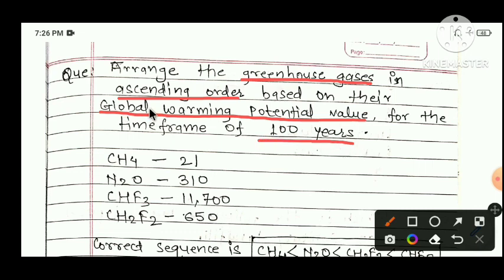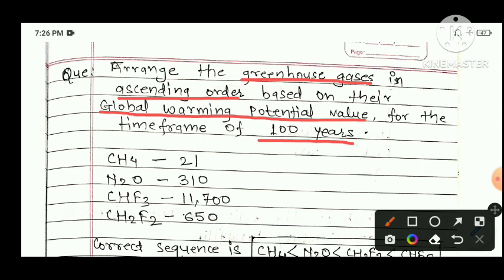Now, first of all we have to understand what the global warming potential is. Global warming potential means the gases have the potential of absorbing heat, and by absorbing the heat they are increasing the temperature of the atmosphere and the earth surface. So that is the global warming potential of a particular gas. Every gas has a different global warming potential value.